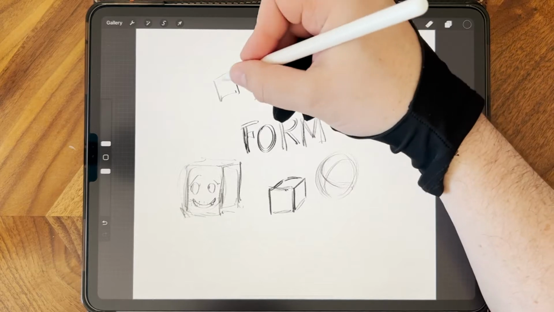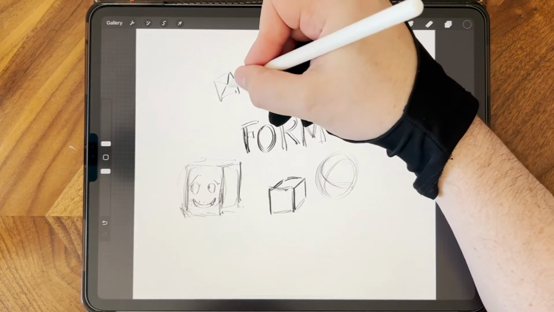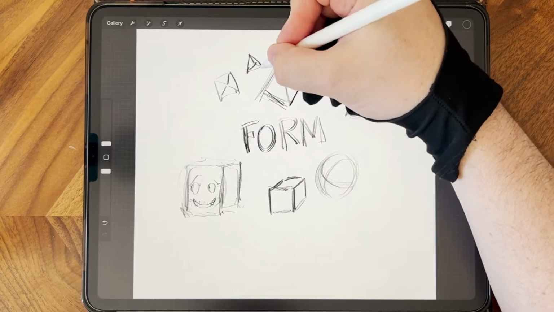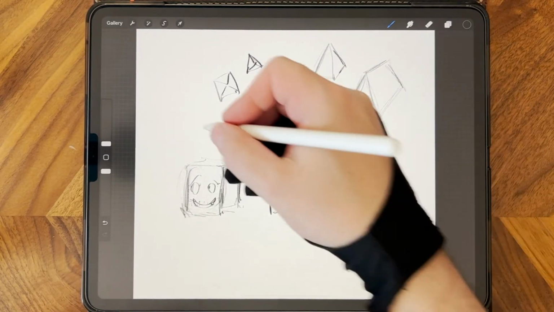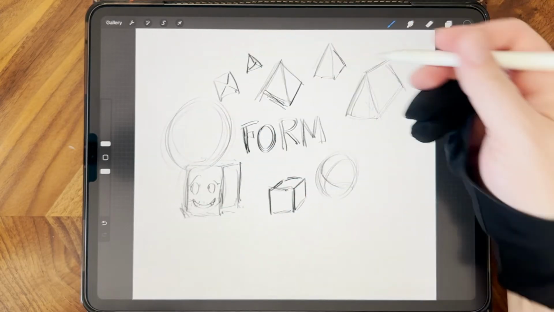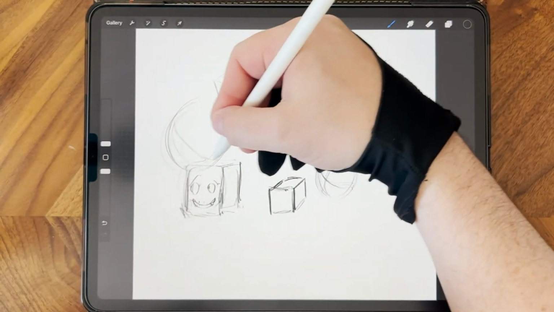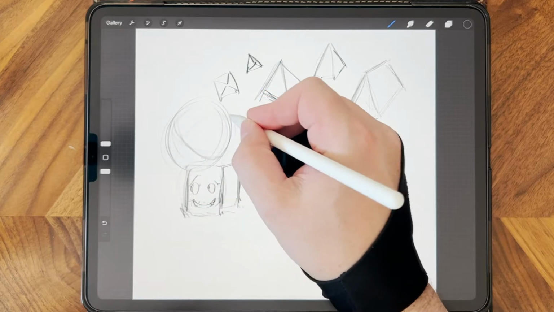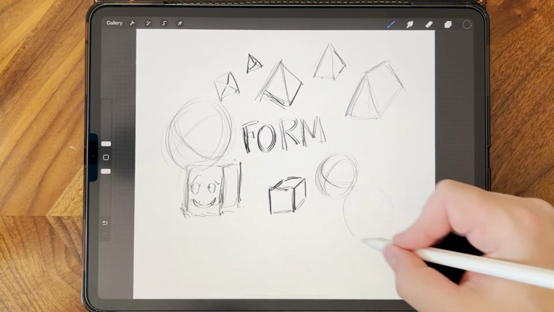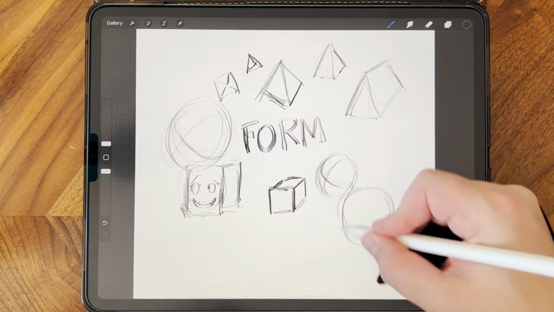So the bottom of a pyramid looks like this, or if you're looking top down. But then there's also top down view of that. And so all this practicing shape, that helps teach our brain and hand to communicate. Practicing form helps us think of how that shape exists in a 3D world.